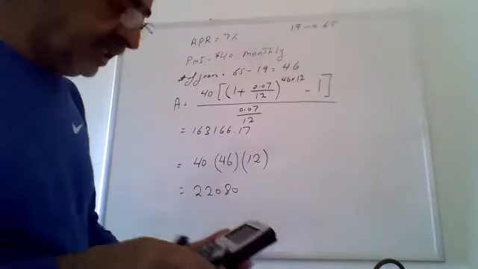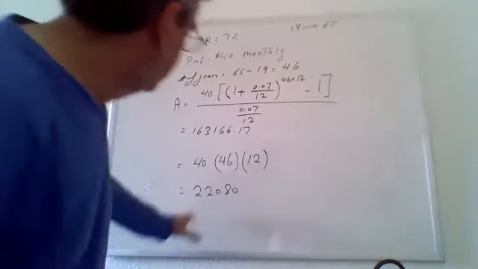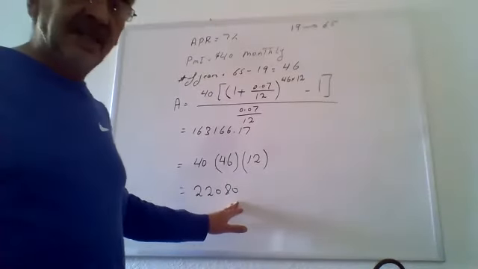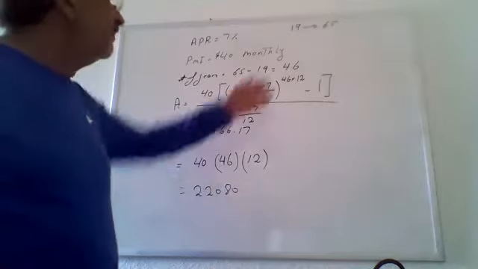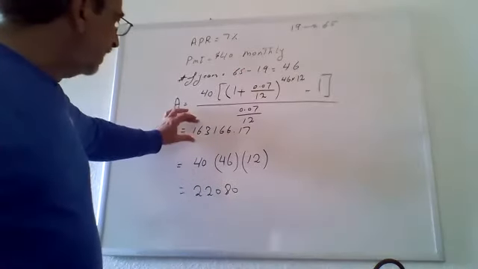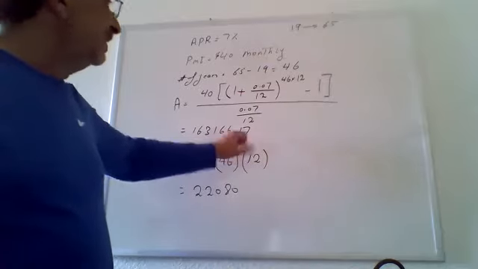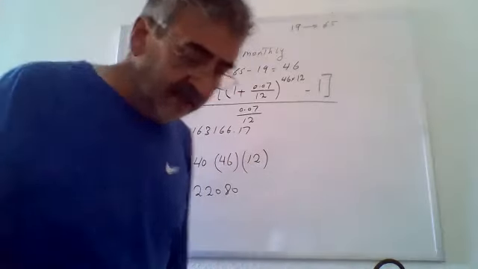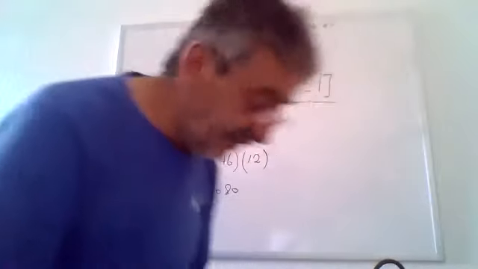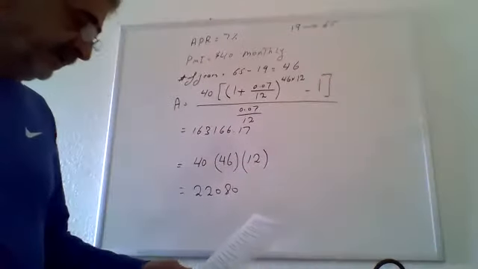So he only put in $22,080 over the 46 years, but his total amount in the bank is $163,166.17, and that's quite a lot of money, huh?